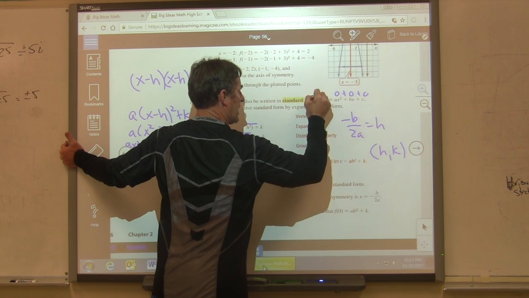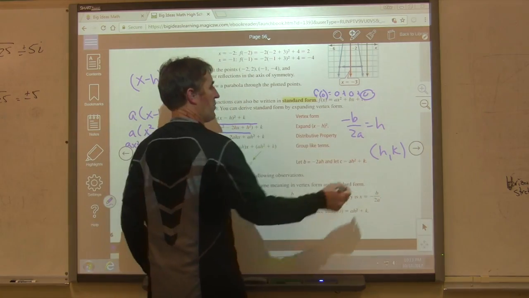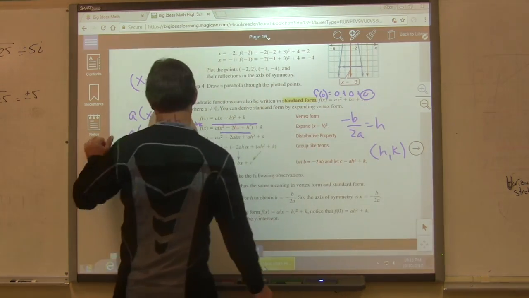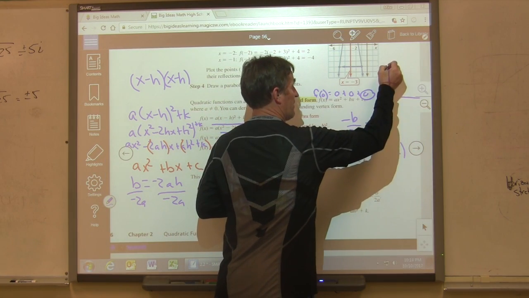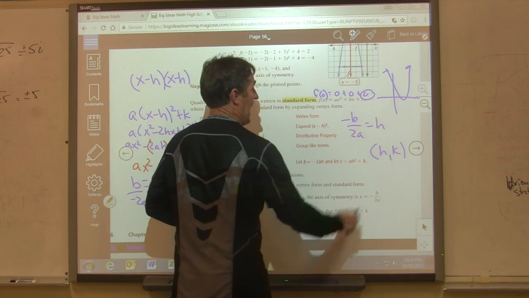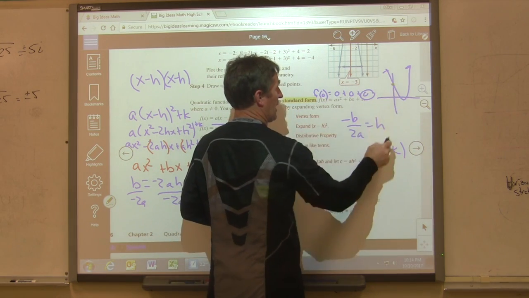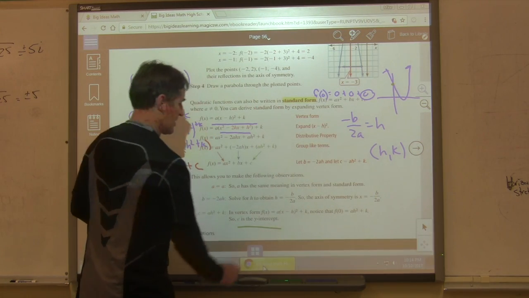And so when I put in f of 0, I get this c value. Well, if you think about a graph, if I take this function here, when x is 0, that's this point here, which is our y-intercept. So that tells us that the y-intercept is c.